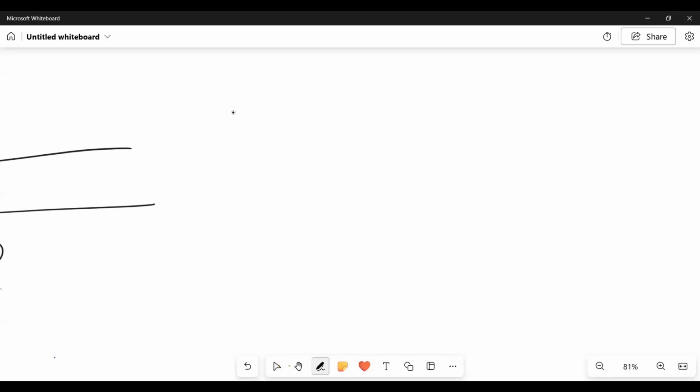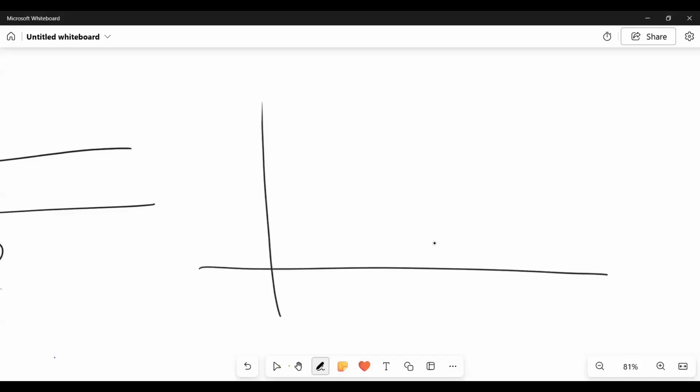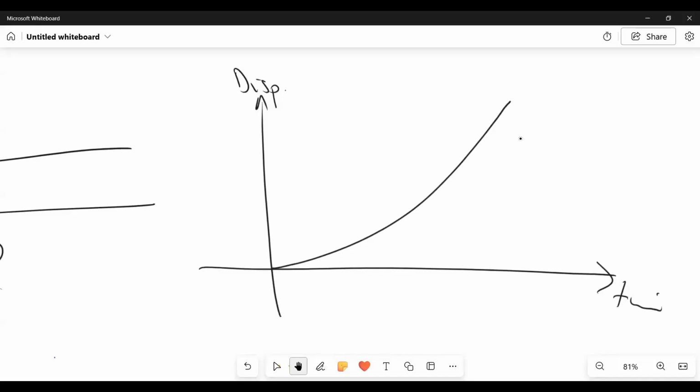What about if you have a displacement time graph? All right, I'm going to just write displacement time graph, and maybe it's something like this. Now the gradient here is different from the gradient there, because here it's less sloping, not so? So let's call this V1.